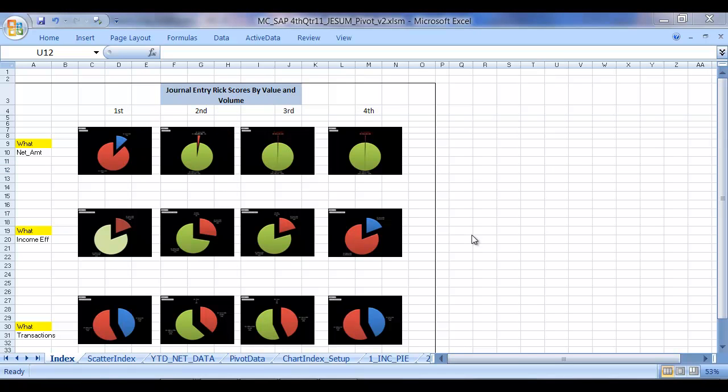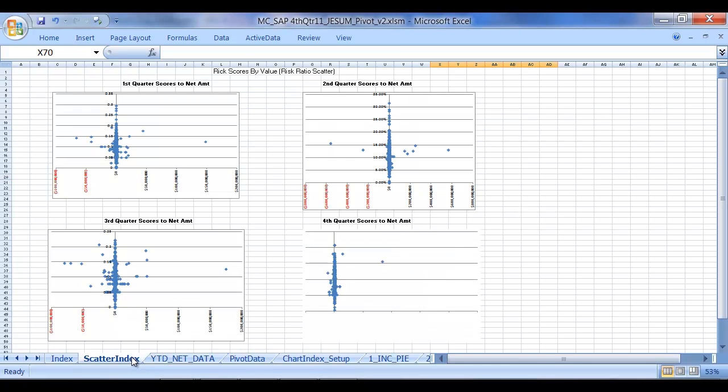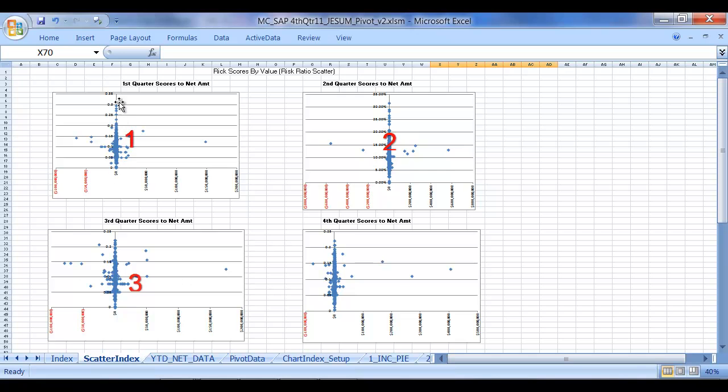We can also scatter graph the information and do that in a quarterly way. And what we've done here is we're taking a look at the risk score of that journal entry. This is every individual journal entry, and then the relative impact from a net amount point of view on the trial balance. So you can kind of see the net amount here.